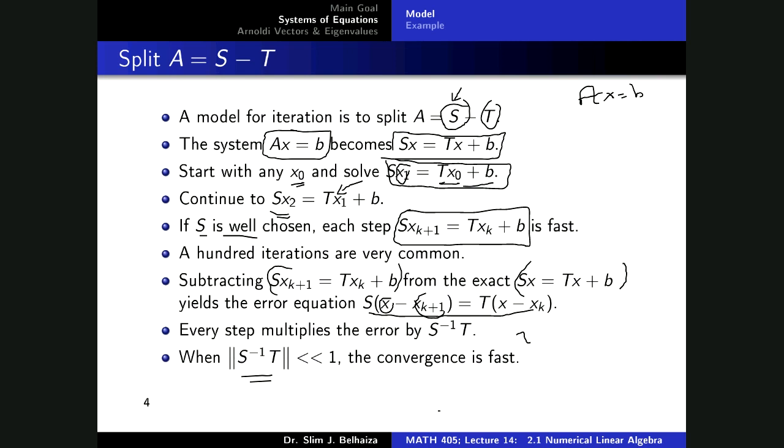You get x minus xk plus 1 equals S inverse T times x minus xk. That's why we say that at every iteration, the previous error is multiplied by S inverse T. You get it?